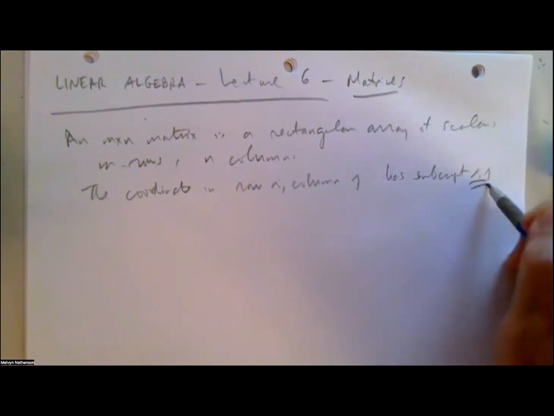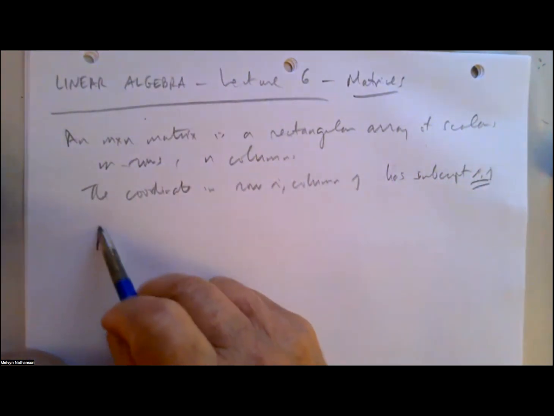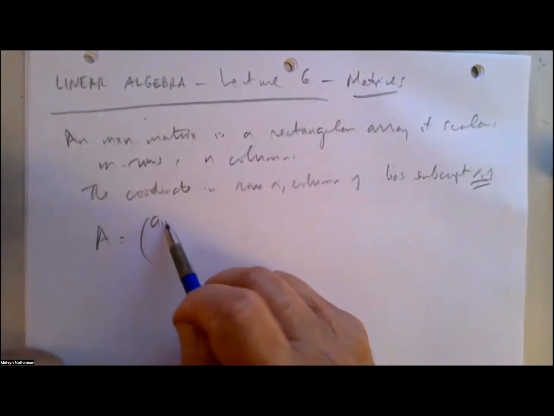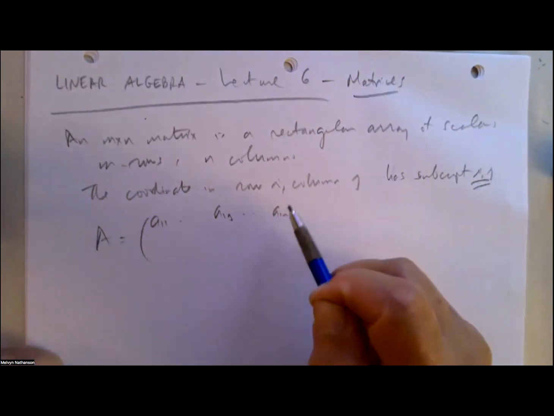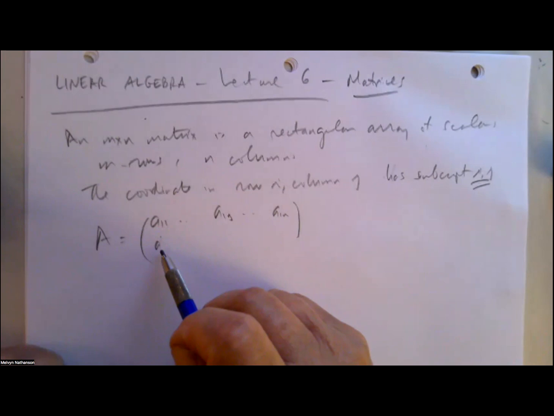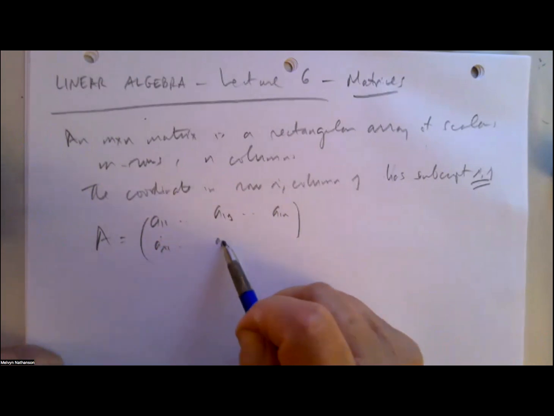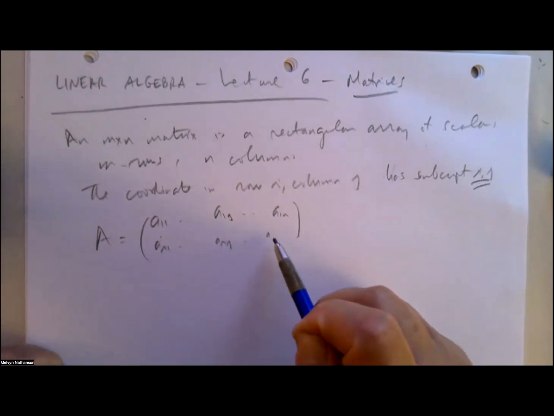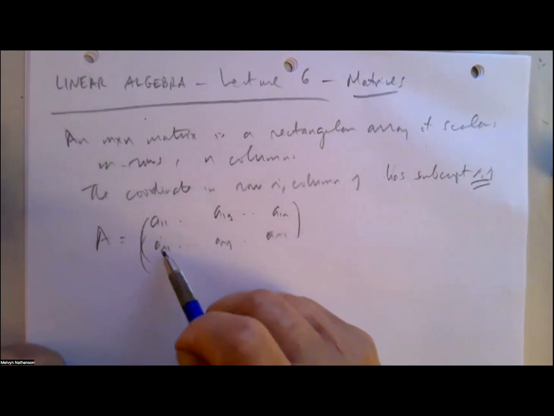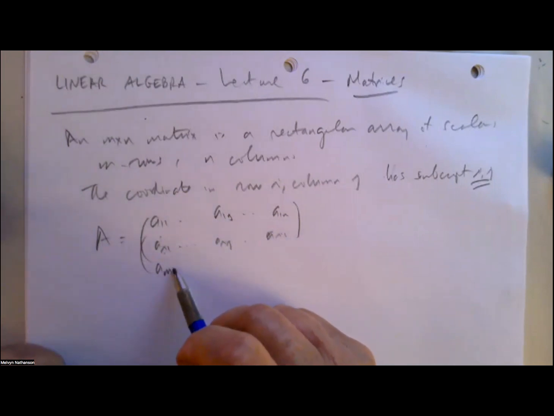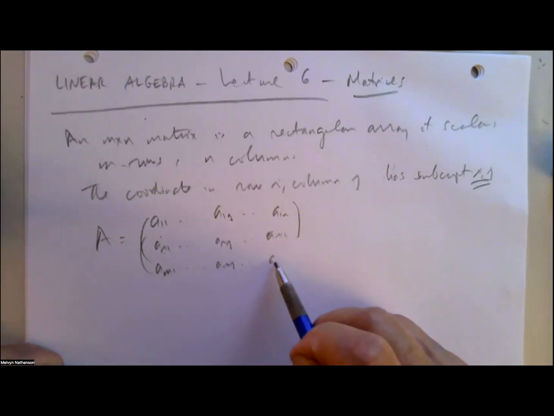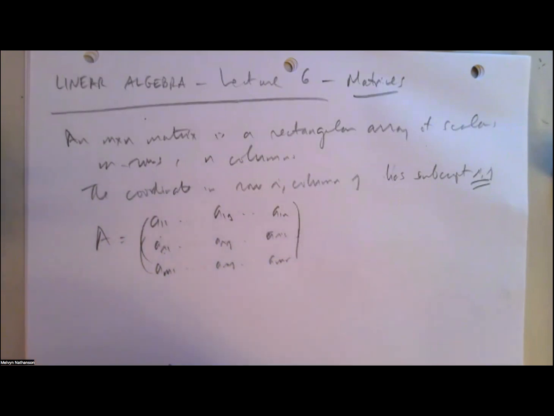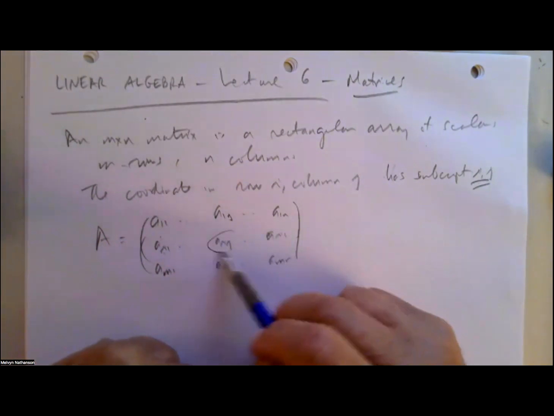So if you have your matrix A, this is the first row. This is the ith row. All the way down to the last row, which is the mth row. And again, you should be following in the notes because the notes are legible and my handwriting never is.